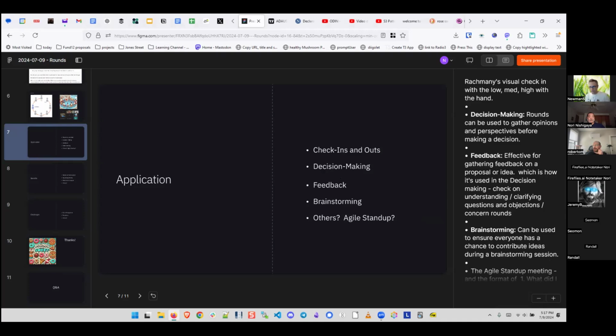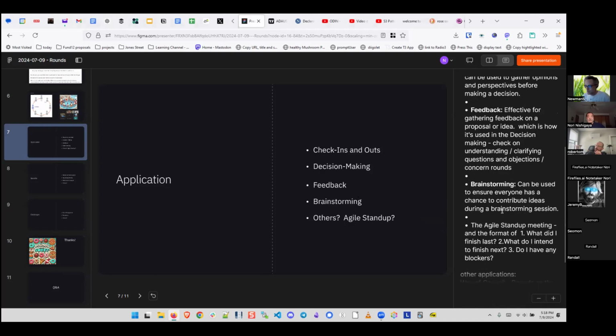In our decision making, in reasoned decision making, there's a clarifying round, a check on understanding, and then there's an objection and concern round. I've been learning that this is a real skill, and being able to participate and facilitate rounds is a skill that can be learned. Brainstorming is another way, so that everyone gets to contribute ideas.